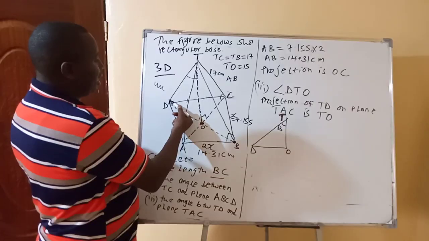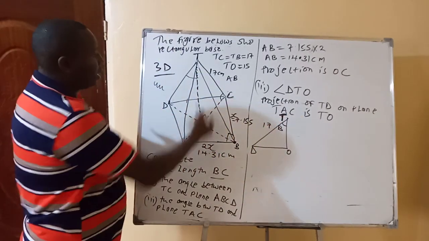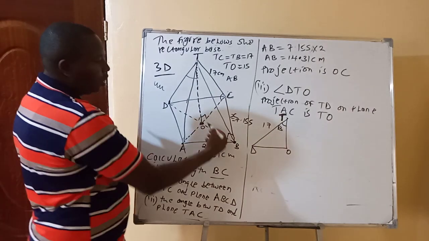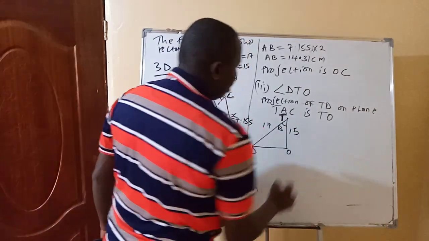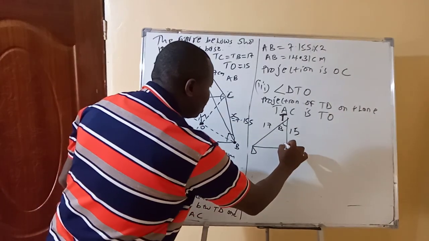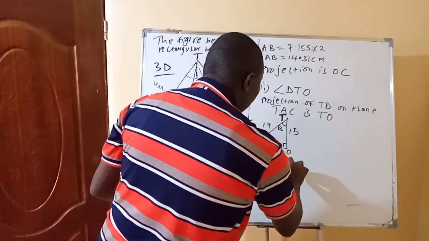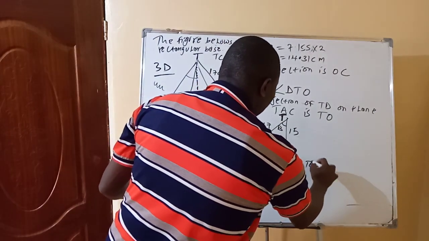So what is DT? This was 17. What is TO? TO was 15. This angle is 90 degrees. Use SOH CAH TOA.